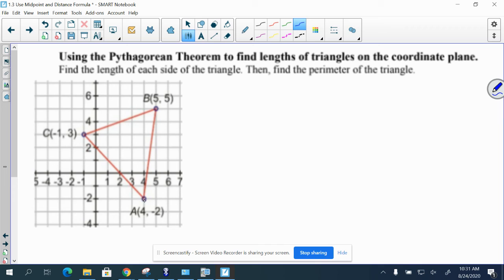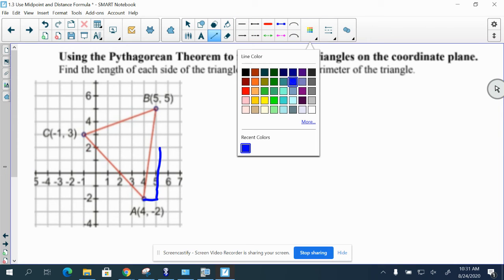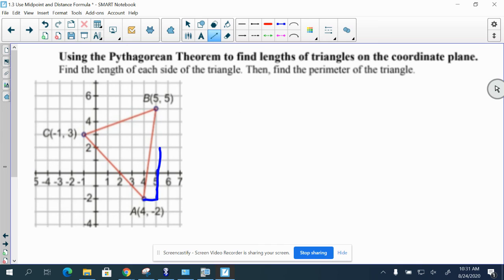For AB, we would draw its horizontal component and its vertical component. I'm actually going to use a straight edge here. Okay, so the horizontal component has a length of 1. Vertical component has a length of 1, 2, 3, 4, 5, 6, 7.